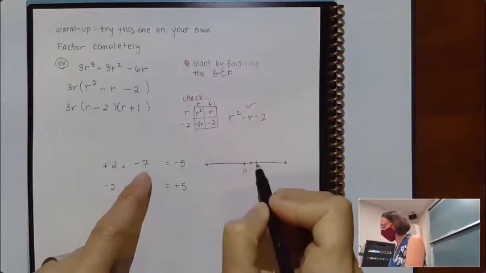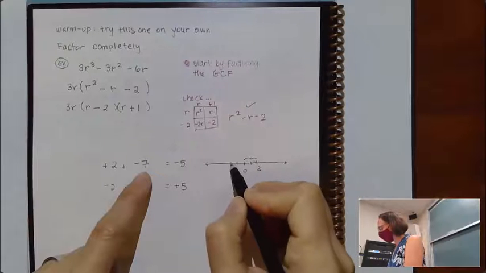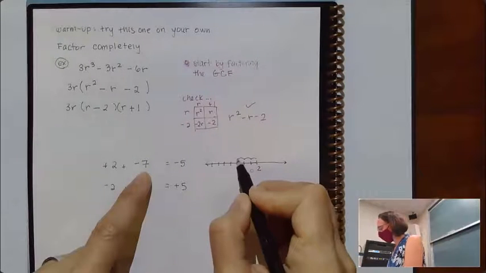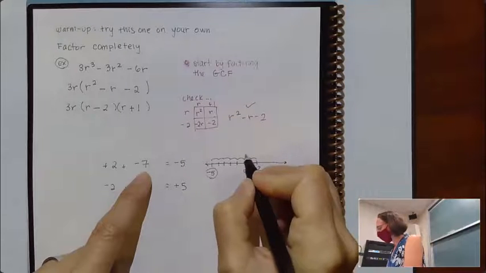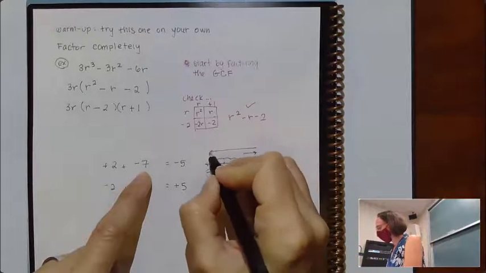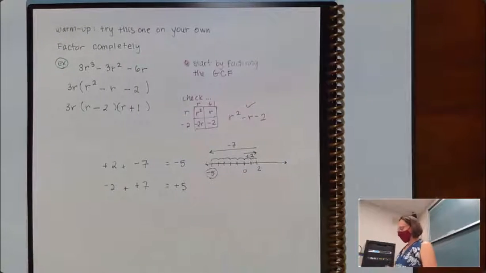And a negative 7 says I take 7 steps back to the left. So 1, 2, 3, 4, 5, 6, 7. And then we say, oh, I end up at negative 5. So it was like a positive 2 and then a negative 7. But in general, anytime I'm adding a positive and a negative number, whichever one has the larger magnitude is going to determine the overall sign for the answer. That was probably way more than what you wanted, but that's okay.